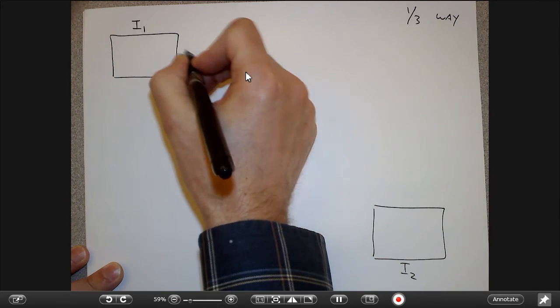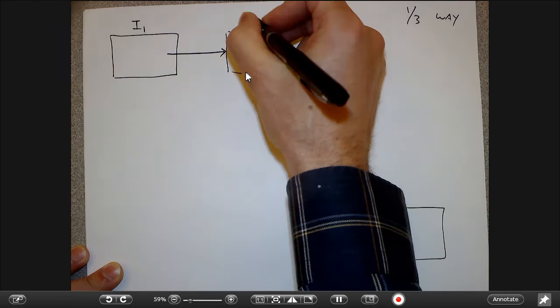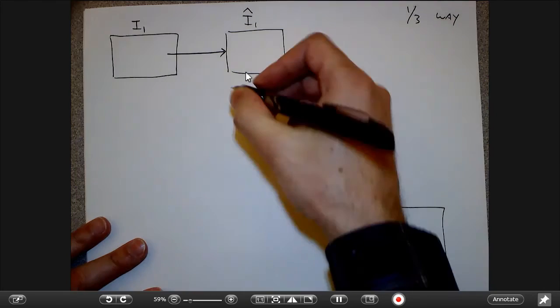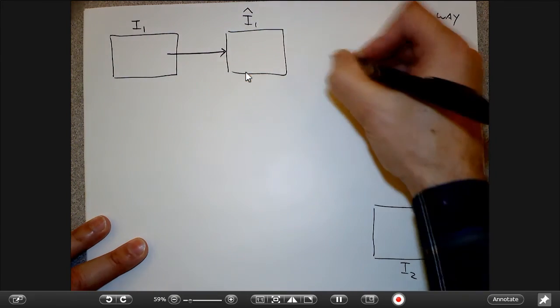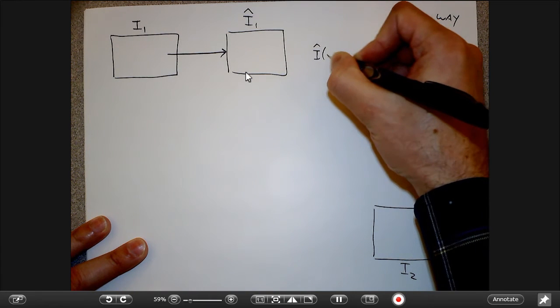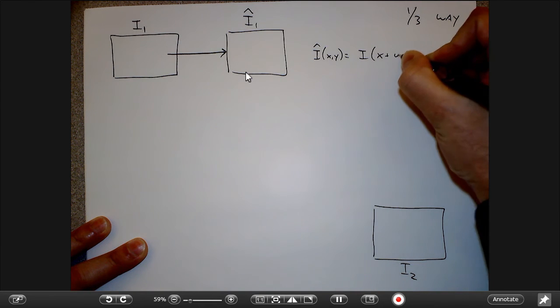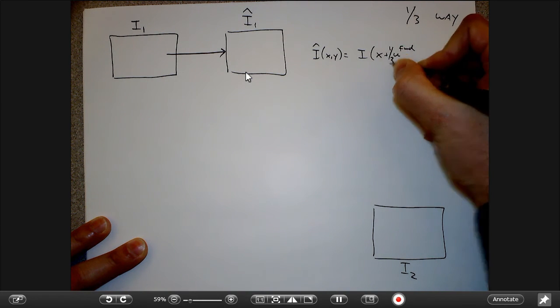What I want to do is push all the pixels from I1 over towards I2 using this optical flow field. It's like saying I take pixels from image 1 and I push them forward by 1/3, right?